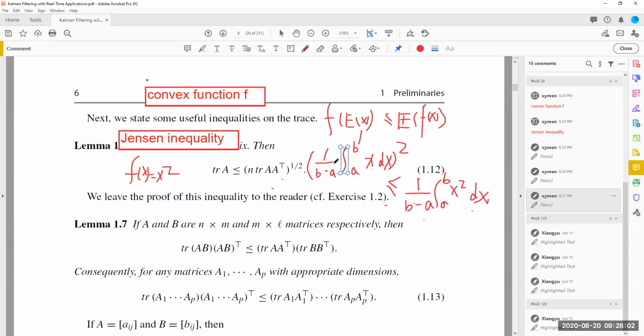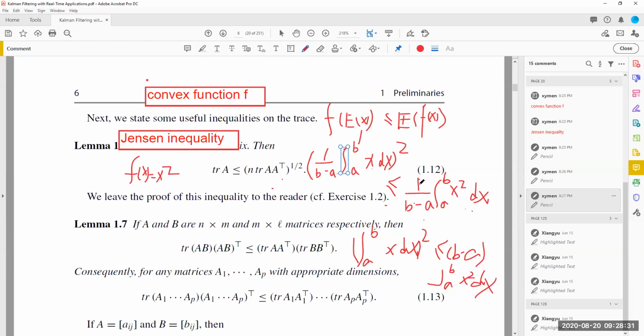So same thing. If I multiply b minus a squared on both sides, we have the inequality: the integral from a to b of x dx, squared, is less than b minus a times the integral from a to b of x squared dx.